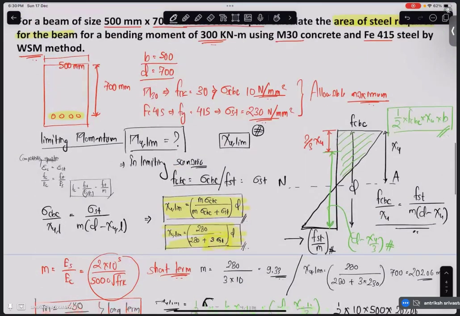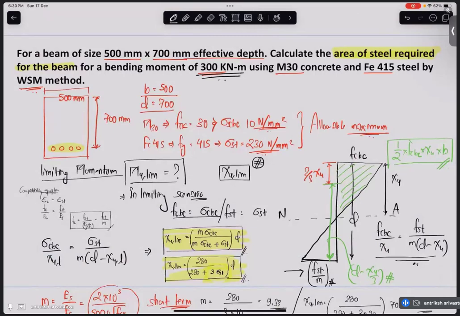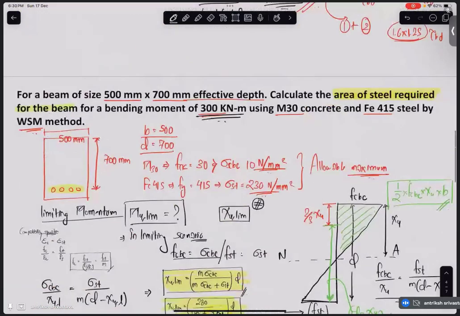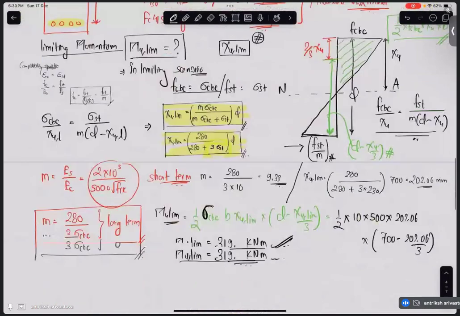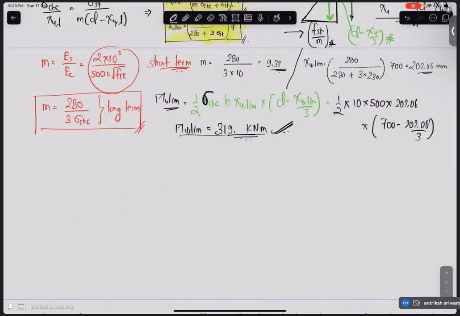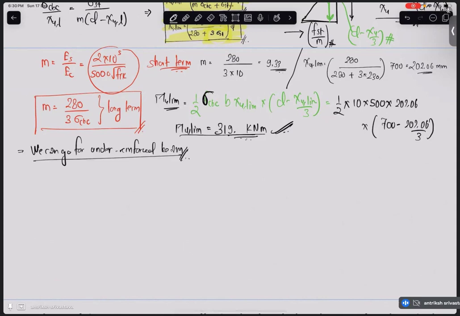That means we can actually design an under reinforced beam, right? Because our applied moment after the correction factor and everything, after the safety factor, it is still less than our Mu limiting. So we can go for under reinforced beam, right?